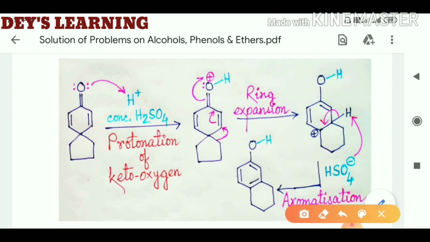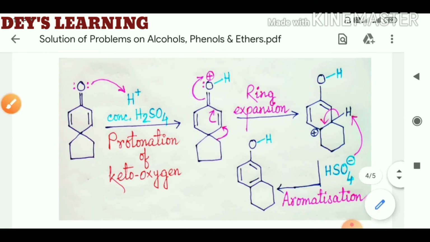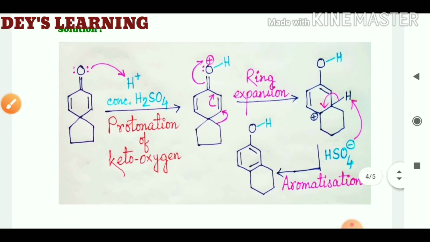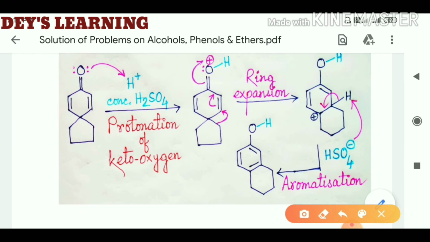Look at here, due to the shifting of this double bond, the positive charge will be generated here, and after the abstraction of this H plus ion by the sulfate, the aromatization occurs.